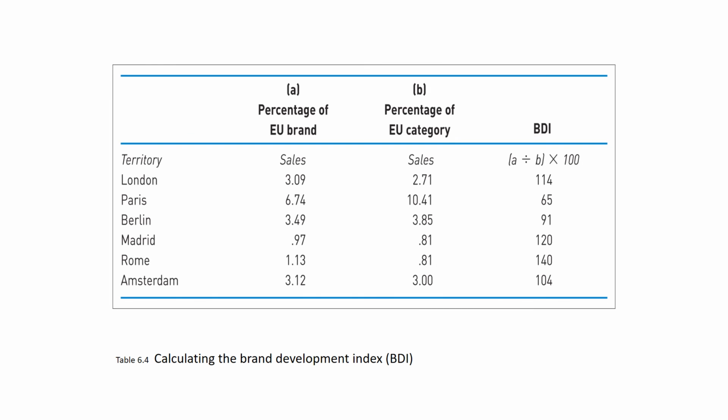Okay, so calculating the brand development index, BDI. Here we take the percentage of EU brand, and take the territory by different countries or cities: London, Paris, Berlin, Madrid, Rome, Amsterdam. Then you can see A, the percentage of EU brand, and B, the percentage of EU category by sales, by different countries.